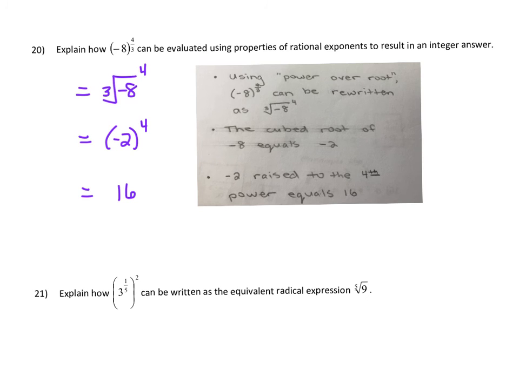Then here, the cube root of -8 is -2, right? So I just wrote out the cube root of -8 equals -2. That's all we did. We just took the cube root of -8 and wrote it as -2. And then to go from here to here, we said -2 raised to the 4th power equals 16. So you literally just have to put down in words what you did to go from one step to the next.